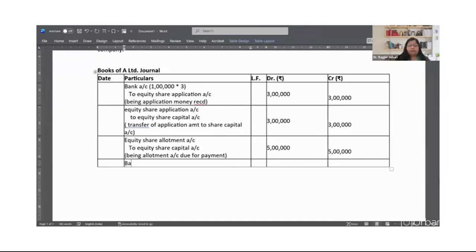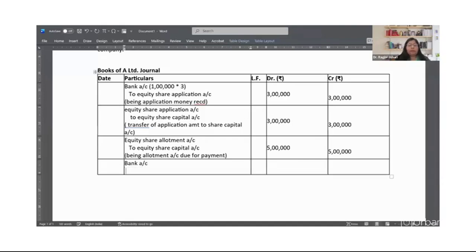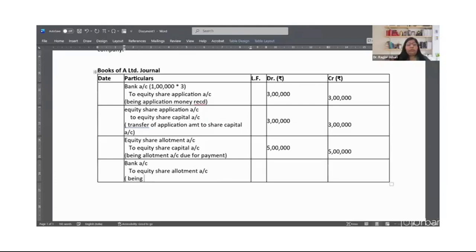So bank account debit to equity share allotment account, and the narration will be the allotment account amount received by shareholders. Amount is say 5 lakh.